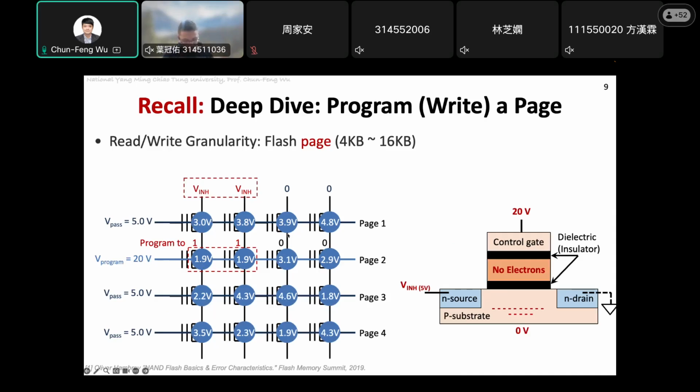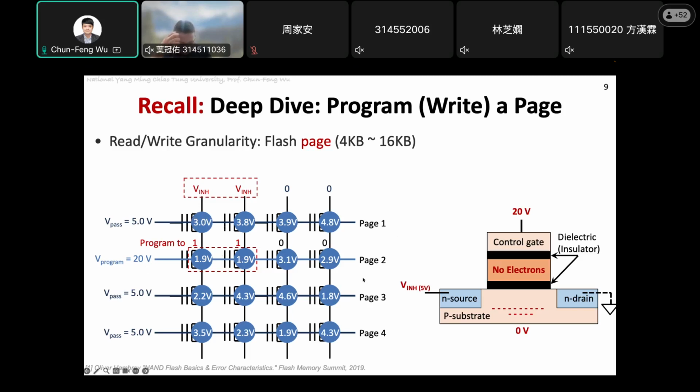Even though we use 5 volts to protect them, it is not enough. If this 20 volt is strong enough, then there is some probability that electrons will become excited in a different word line, and then you will get extra electrons. So it is possible to get a higher voltage value. This is called a disturbance.